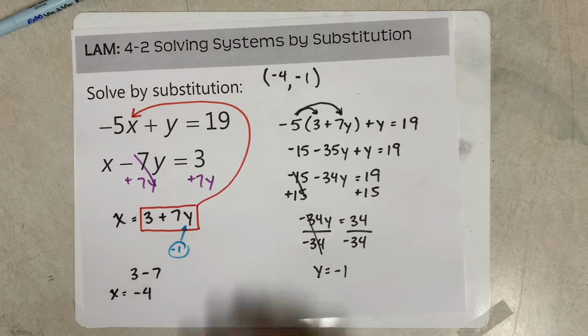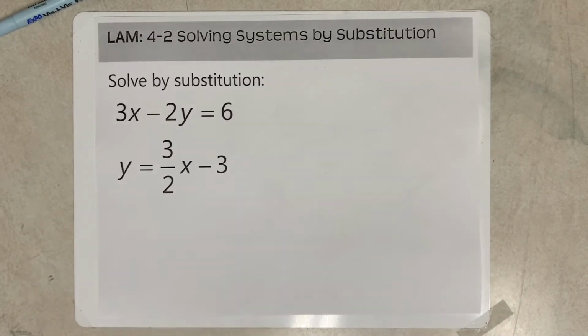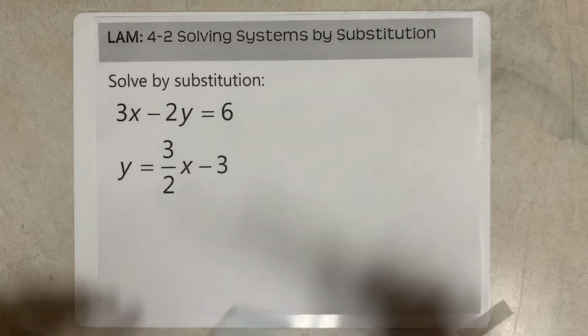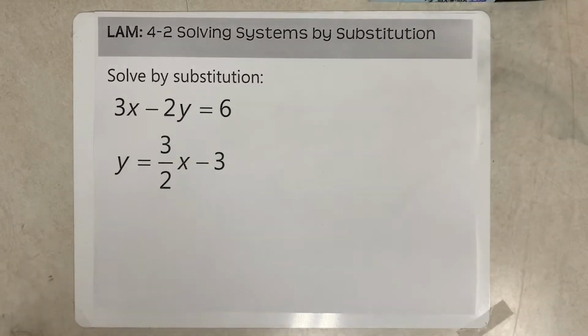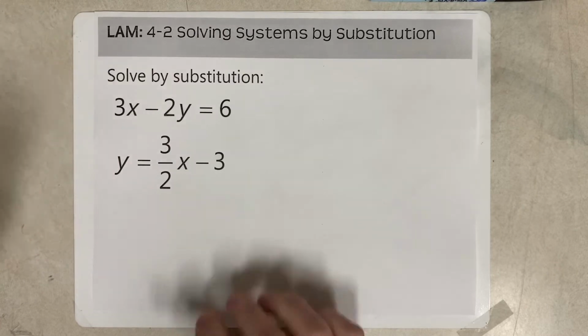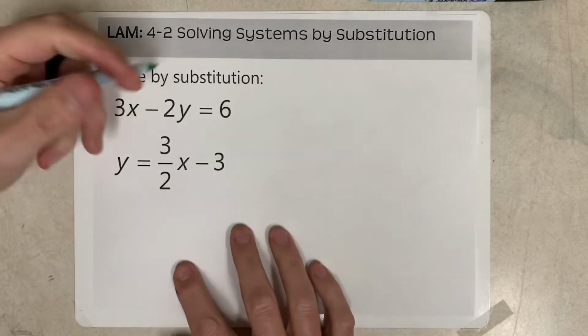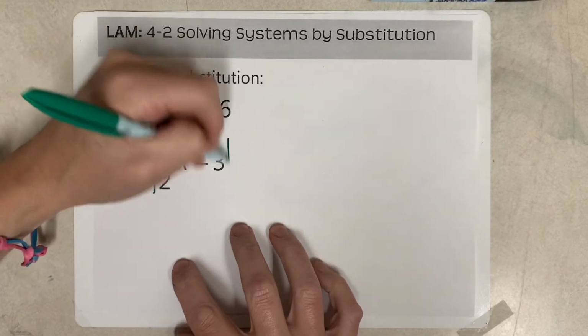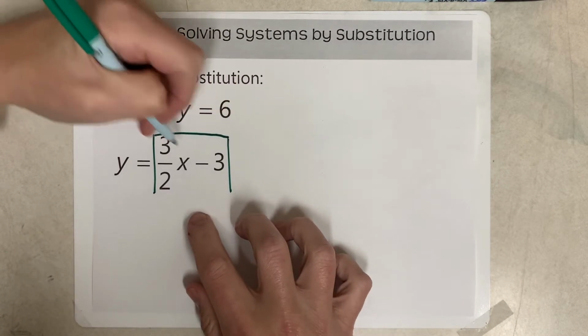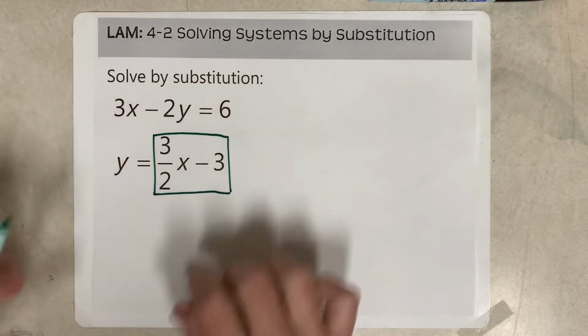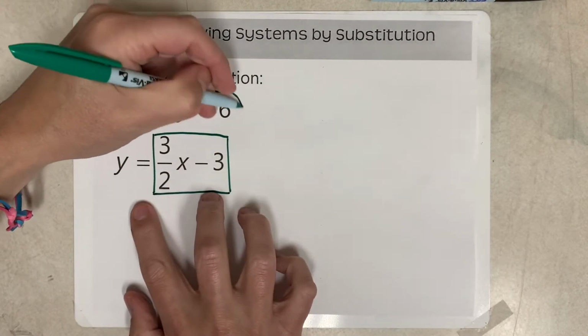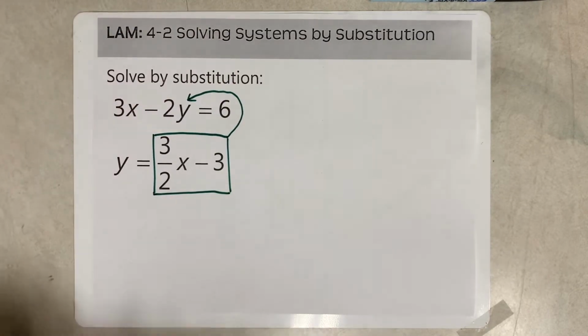All right, a couple more examples. This one, you already have y solved for, 3 over 2x minus 3. So this time what we're going to do is take this and plug it into the other equation for y by substitution and then see what happens.